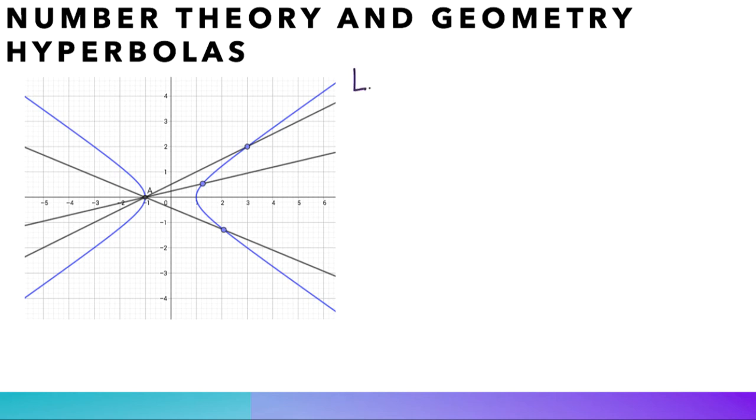Indeed, if L is a line of rational slope t passing through our point A, then it has equation y equals t times (x plus 1). So in order to find the coordinates of the second point of intersection of our line L with the hyperbola, one has to solve the system of equations x squared minus 2y squared equals 1 and y equals t times (x plus 1).